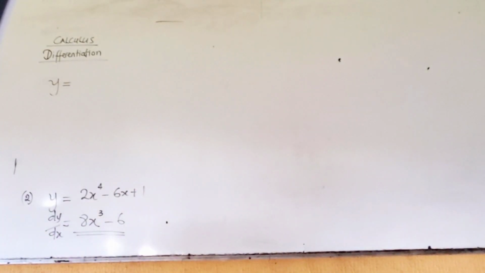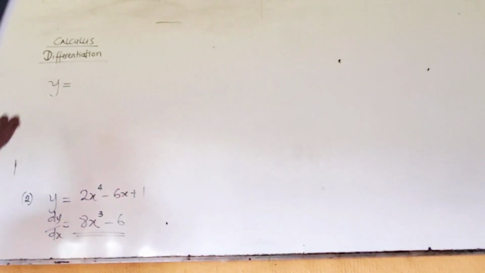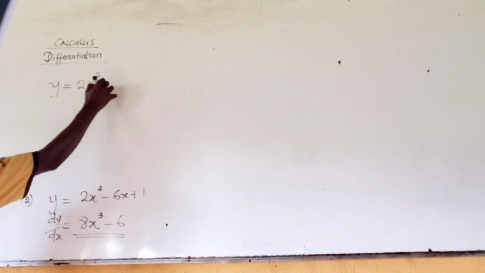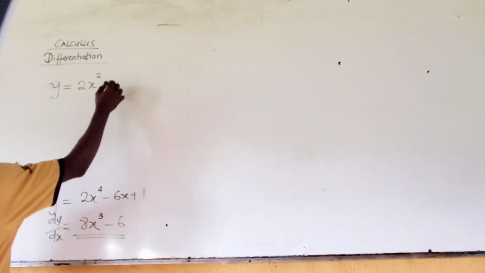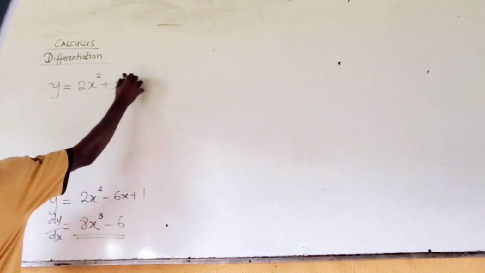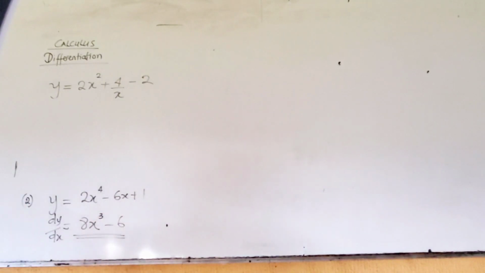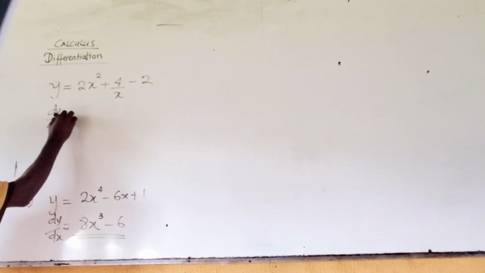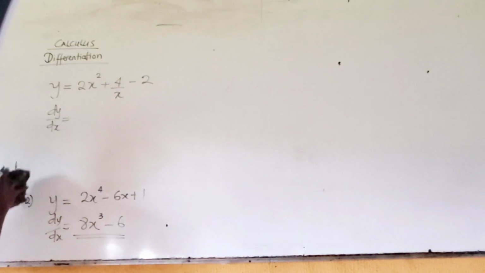Y equal to 2x squared plus 4 over x minus 2. How do we solve a problem like this? To differentiate this with respect to x, I can first of all rewrite the question.